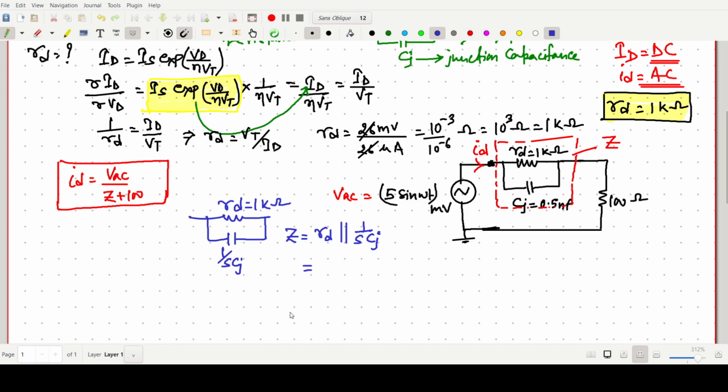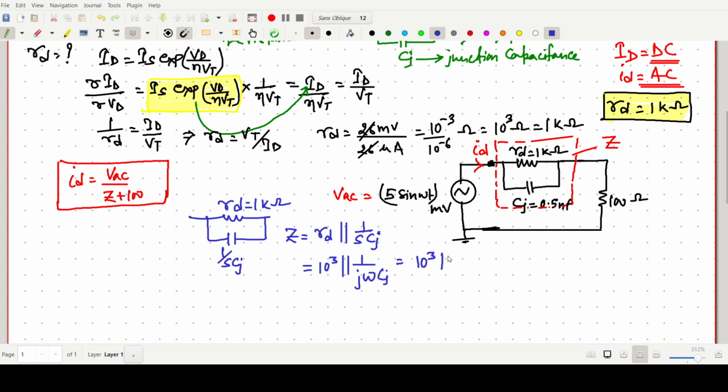The RD value is already known to us, that is 10 to the power 3 ohm. So we can write 10 to the power 3. Then 1 by s is simply j omega. The omega value is also given in the question, and the Cj value is already mentioned.